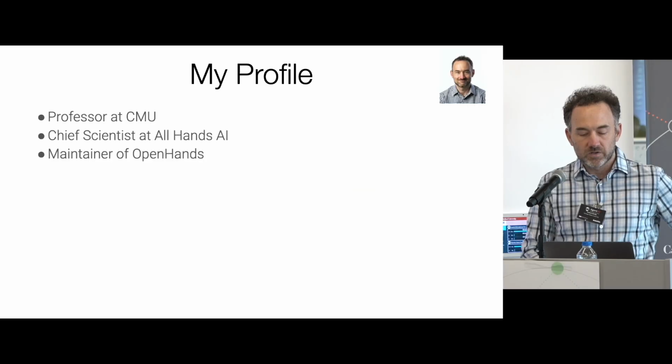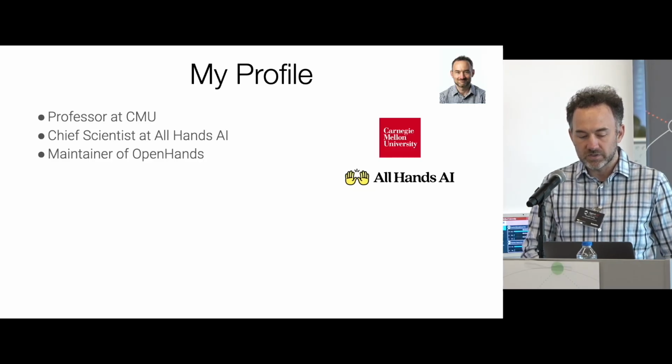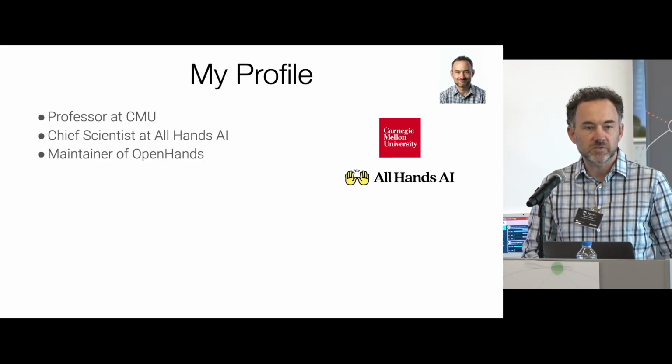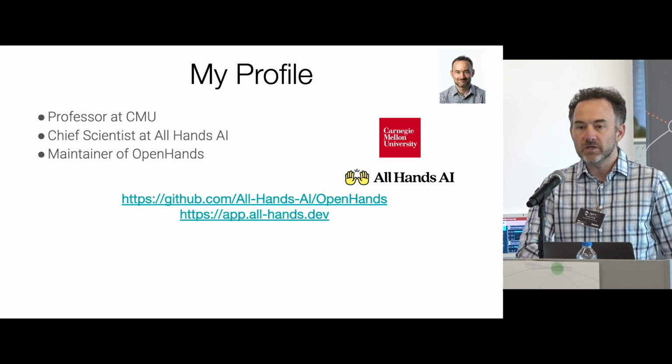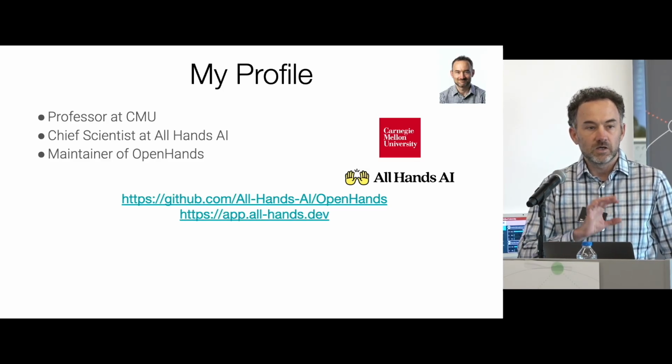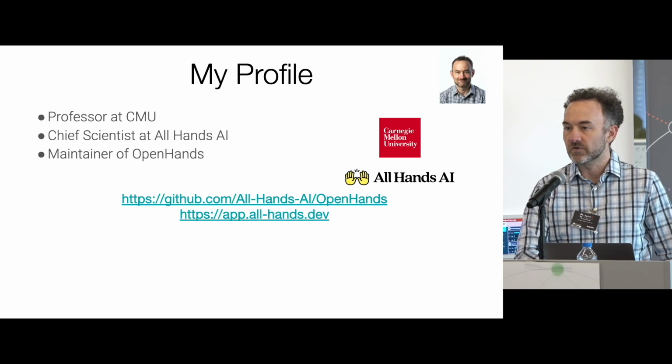So I already gave a little bit of profile, so I'll skip through this pretty quickly. I'm a professor at CMU. I'm chief scientist at All Hands AI, which is a startup that we formed, and I'm maintainer of OpenHands. OpenHands is an open source toolkit for software development.